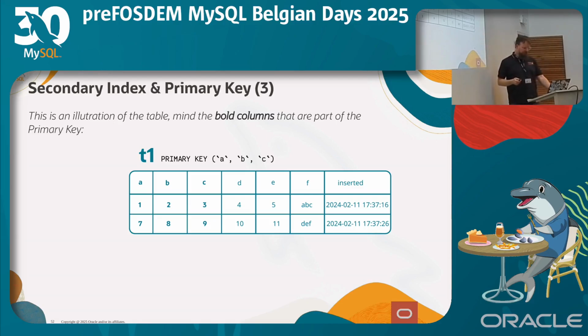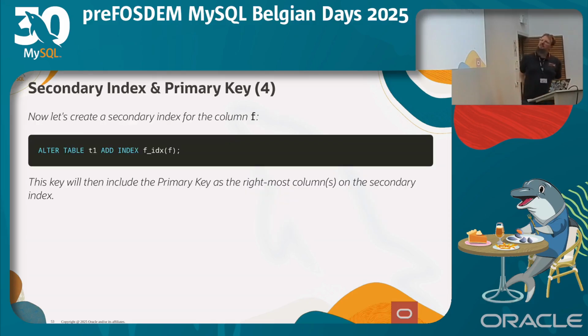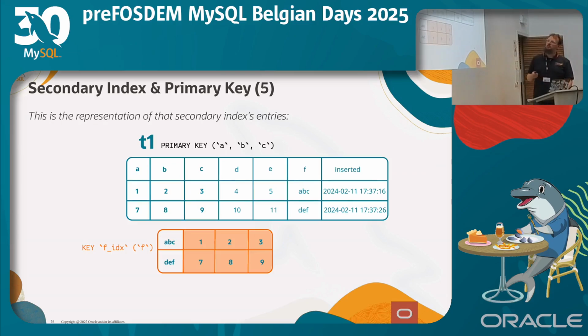Now let's add a secondary index on F. Then we expect that the secondary index will be the value of F plus the primary key, right? So in this representation of the table, the index on F should be ABC, and 1, 2, 3, and 7, 8, 9 for the second record.